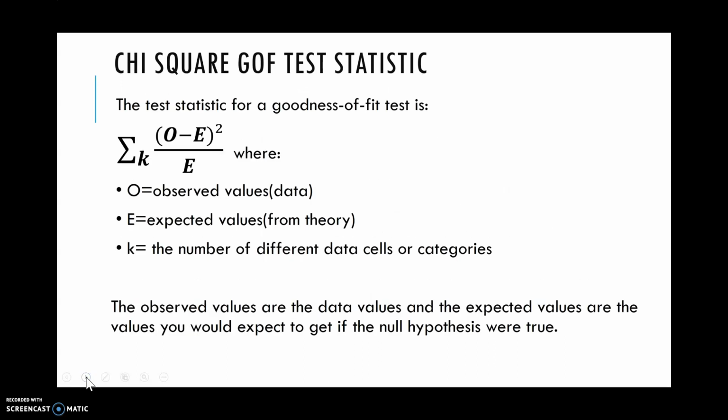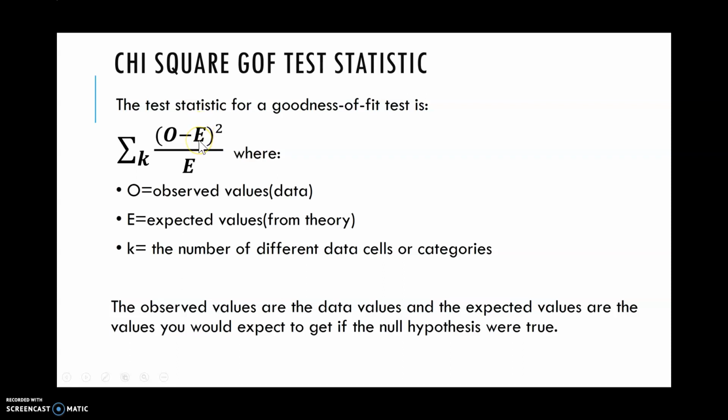Okay, so here's what we're talking about with the goodness of fit test statistic. This O is going to be the observed value. That's the data that they give you. E is going to be the expected value. So that's like if you roll a die, you would expect it to land on 5 1 out of 6 times. If you flip a coin, you would expect it to land on heads 1 out of 2 times, right?